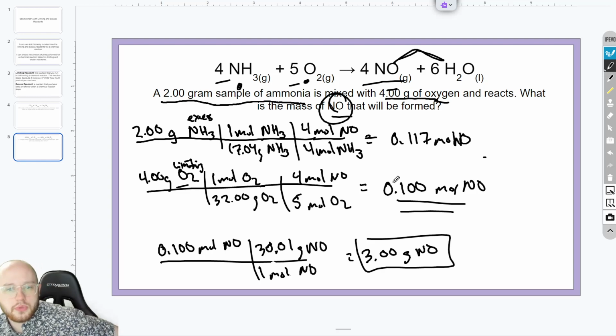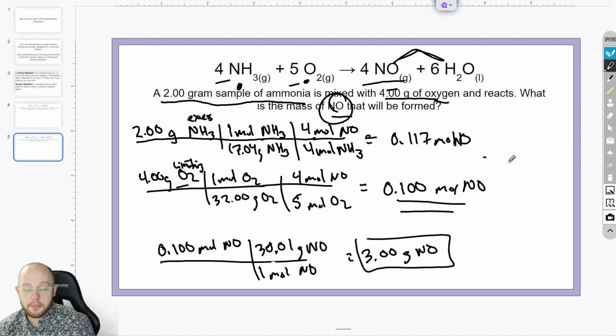So while it can get more complicated when we're dealing with stoichiometry and calculating volumes for limiting and excess problems, again, the definitions are fundamental. You need to know that the limiting reactant limits how much product you can form because it runs out. So take the amounts of both reactants, convert them to an amount of a product, and then compare.